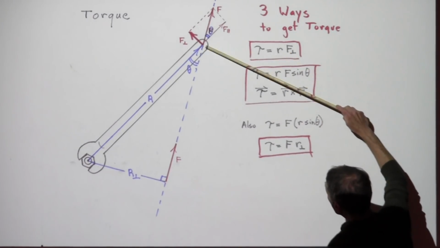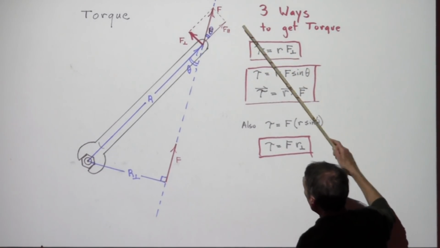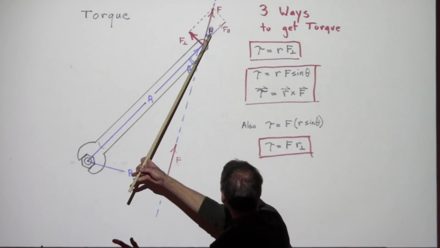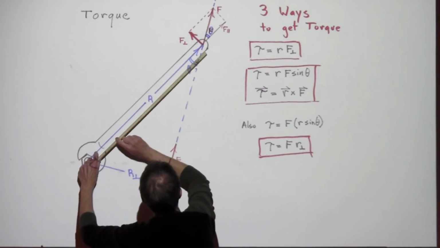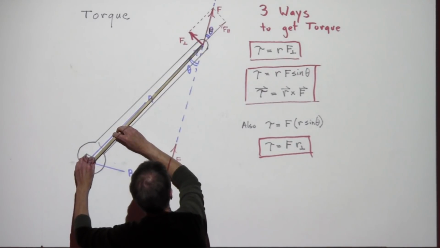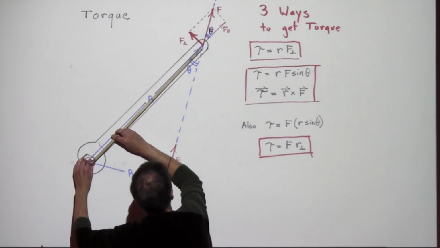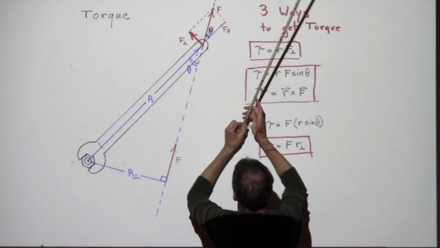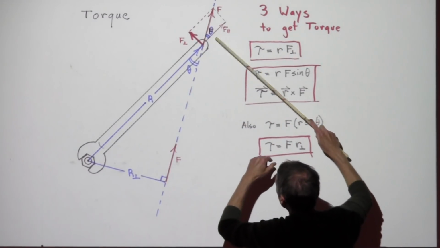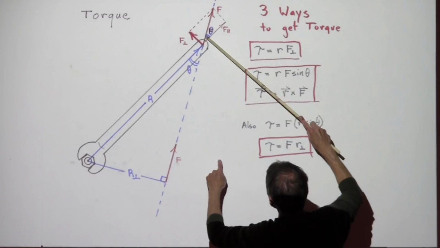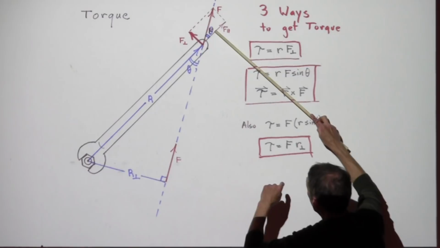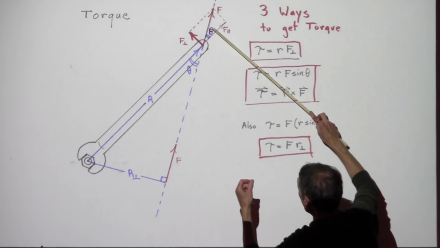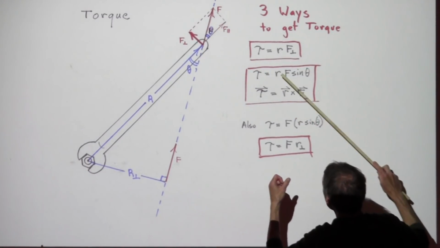So if we have a general force, we typically talk about a theta. We say R goes out to this point of application of that force. If we take that R and put it tail to tail with the force, the R would be along this direction, and there's going to be this angle theta between them.